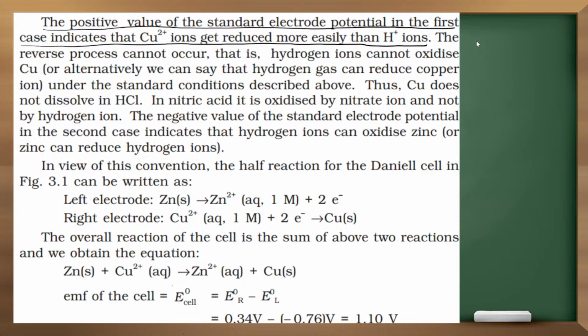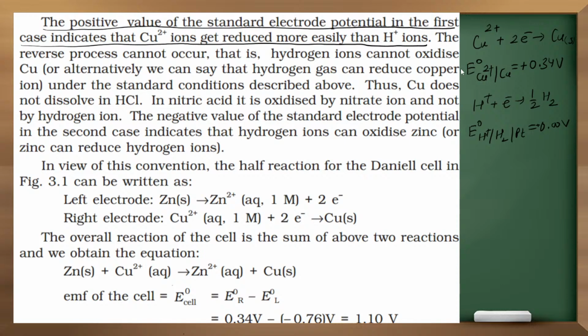If we have this reaction, its E naught value is plus 0.34 volt, and for hydrogen its E naught value is 0.